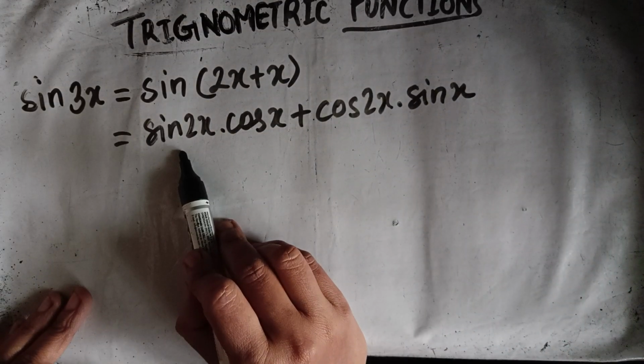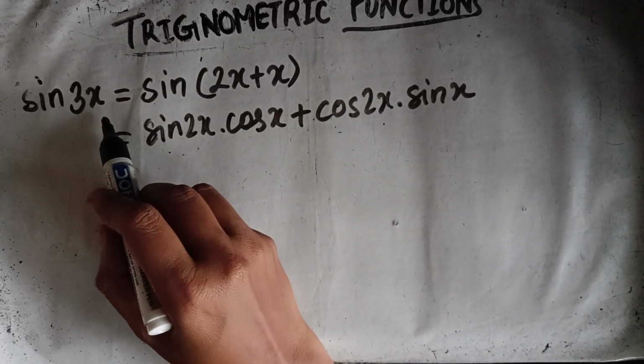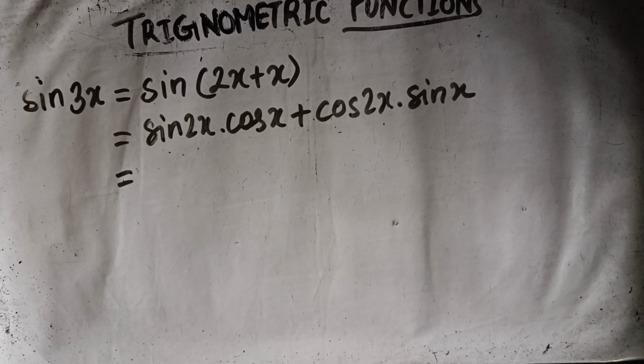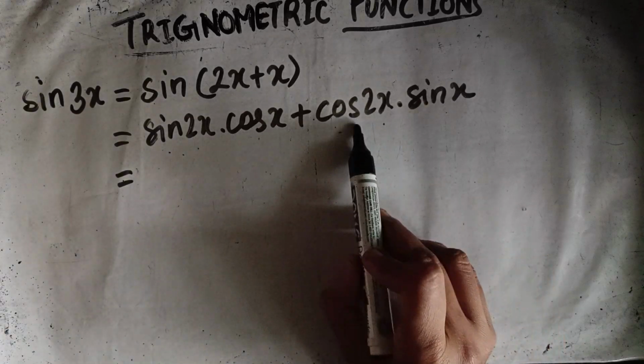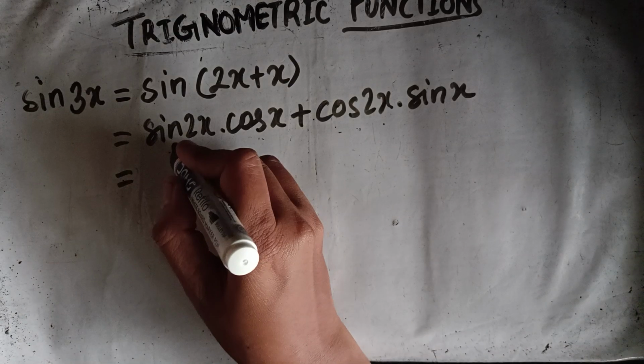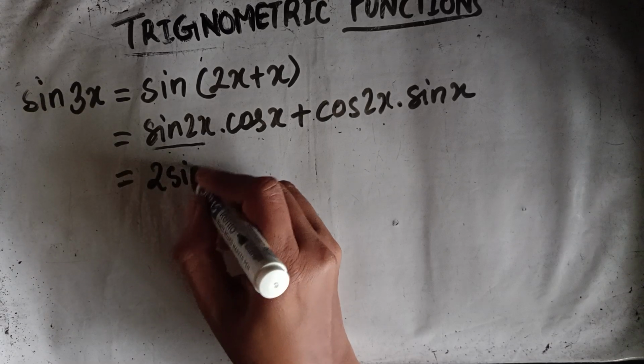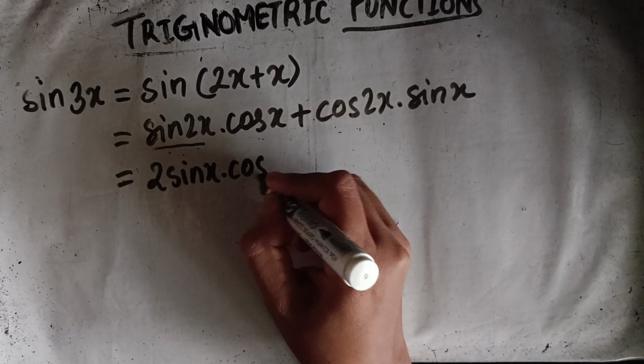So we have identities for sin 2x and cos 2x. Now this sin 3x is given in terms of sin, that is 3 sin x minus 4 sin cube x. So we have to convert both the cos into sin form. So sin 2x you can write as 2 sin x into cos x.